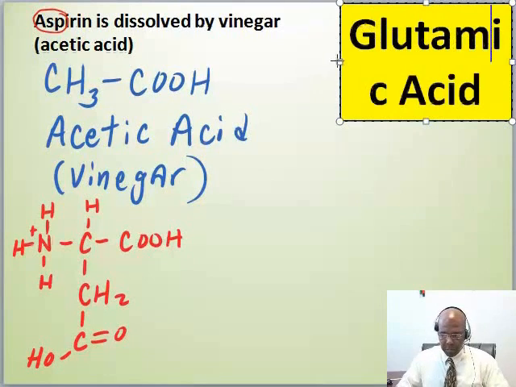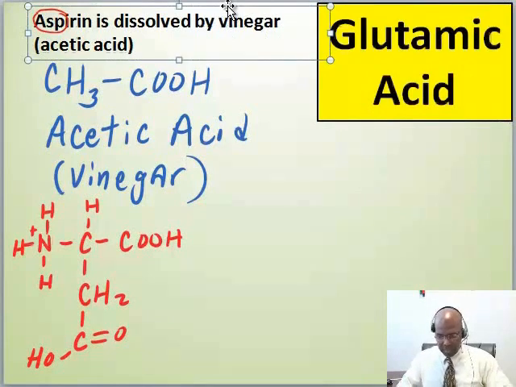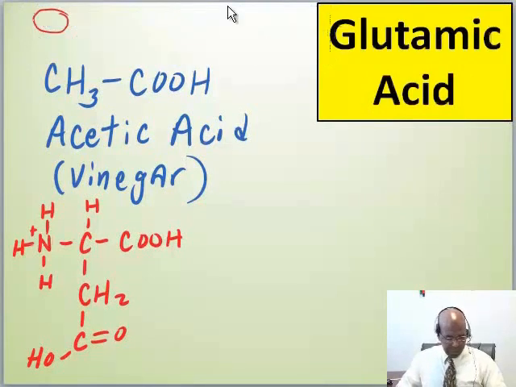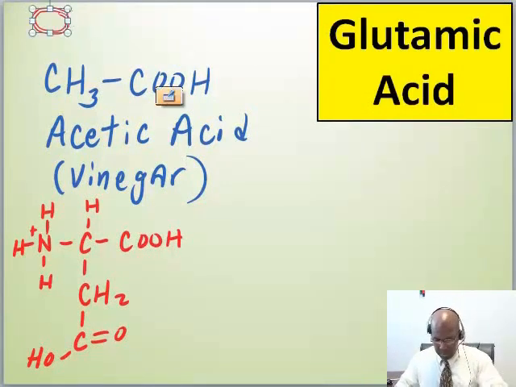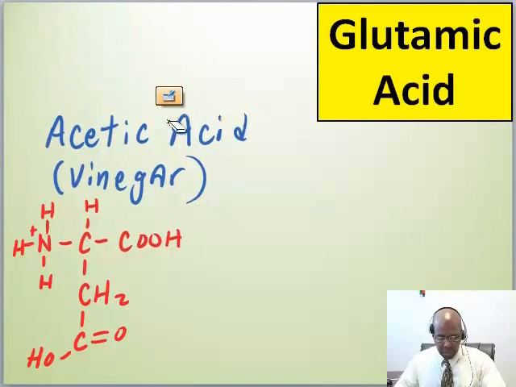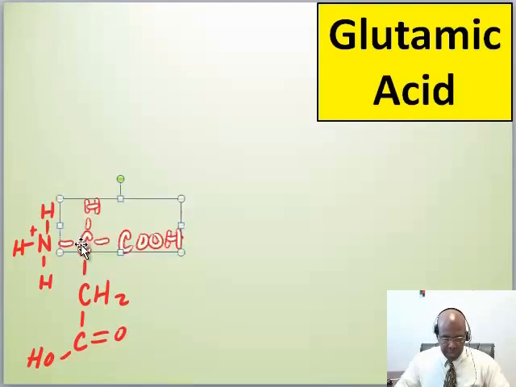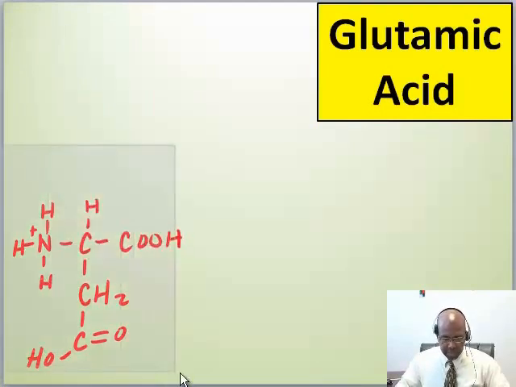Okay. So glutamic acid. I'm going to get rid of this. And now I'm going to erase all of this we don't need for acetic acid. Okay. Now this is going to be perfect. Now we have the amino acid.